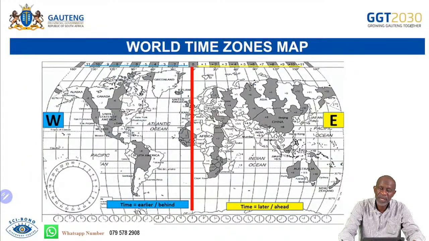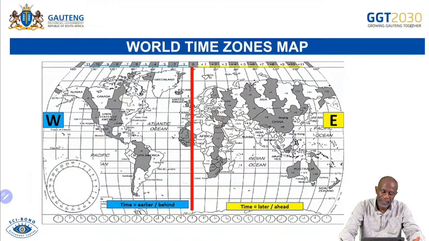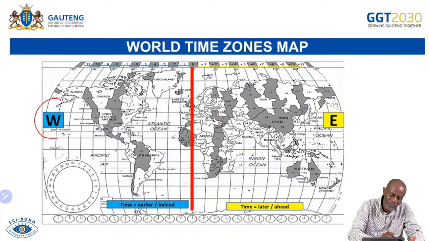The World Time Zone Map, which I've just indicated should be in front of you as we speak now, because all the calculations that we'll be doing will refer to this map. I expect every one of you, my guest, to have this important piece of paper in front of you. Maybe to refresh your memories, this is our west.